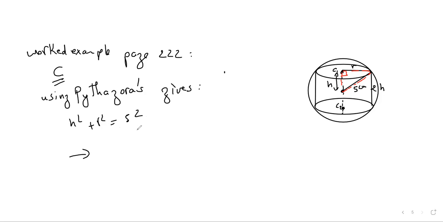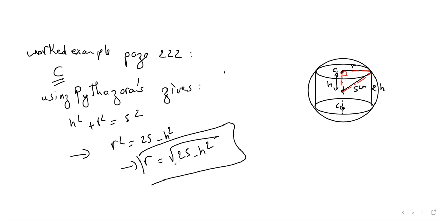So I can write r in terms of h. r squared is equal to 25 minus h squared, so r is equal to the square root of 25 minus h squared. I only take the positive value because the radius is always positive. So this is the expression of r in terms of h, in centimeters. After that, they ask you to show that V is equal to 50 pi h minus 2 pi h cubed.